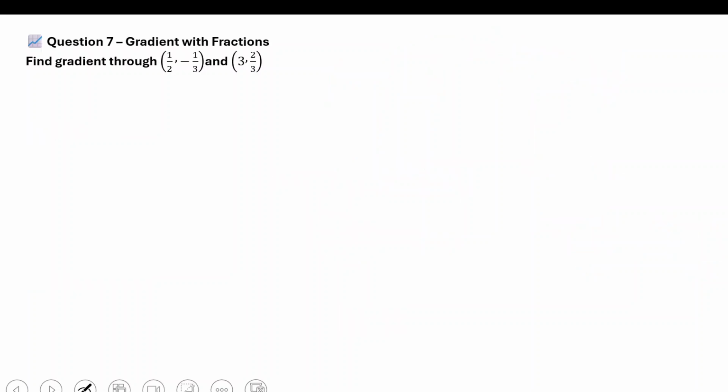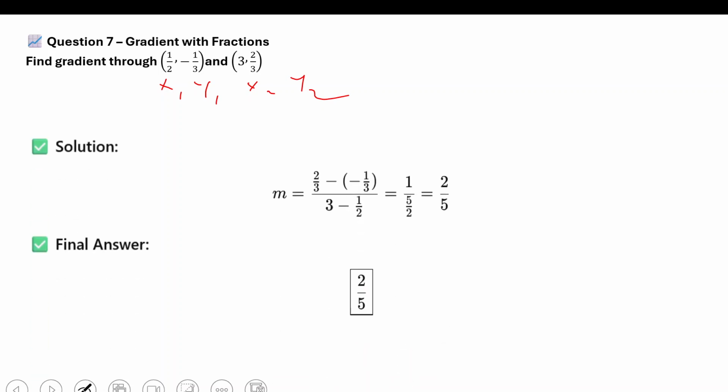Okay, so find the gradient of the function. You have x1 and y1, then x2 and y2. Again, the formula for the gradient is m equals y2 minus y1 all over x2 minus x1, right? So identify which one is y2. So y2 is 3 over 2.